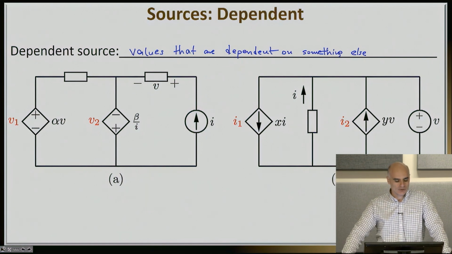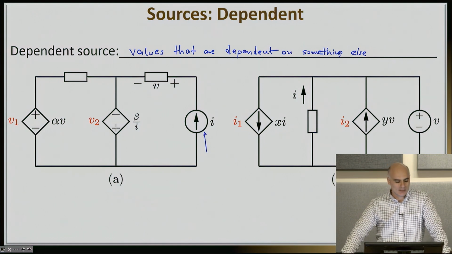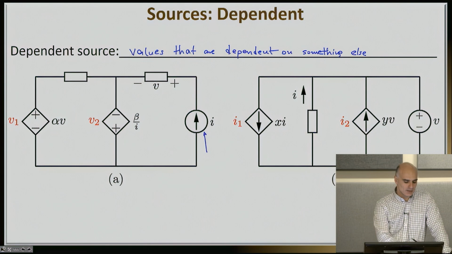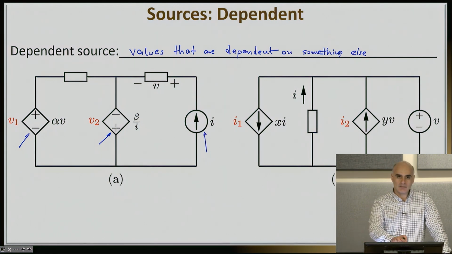Now, dependent sources, unlike the circles that we're using for the independent ones, are primarily signified by the diamond symbol. The diamond symbol that you will see here or here is the symbol that we're using to indicate the dependent source. A dependent source may again be a voltage source.